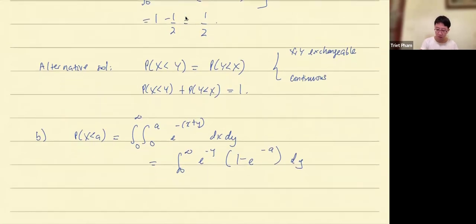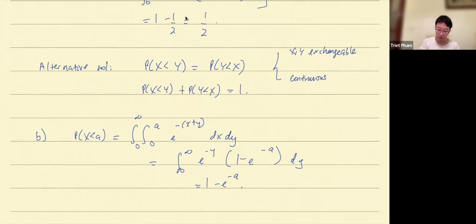And this first integral is 1. The second integral is also 1 with that constant, so it's 1 - e^(-a). Pretty simple.